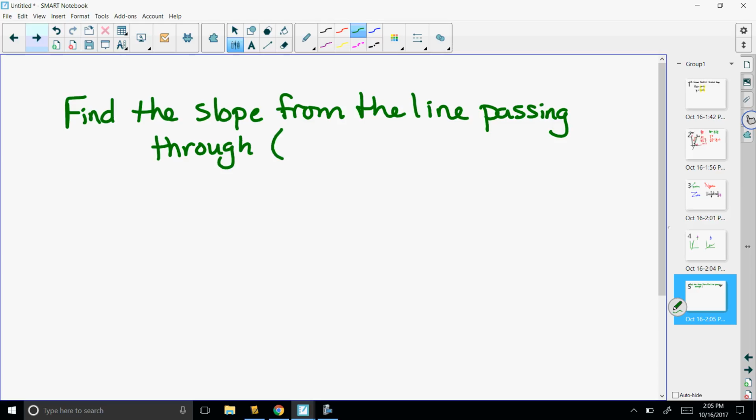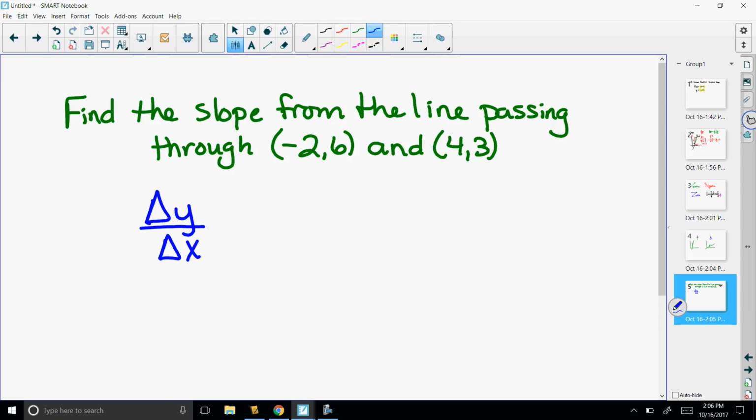If I ask you to find it from the points -2, 6 and the coordinate point 4, 3. How do we find slope? Change in y over change in x.